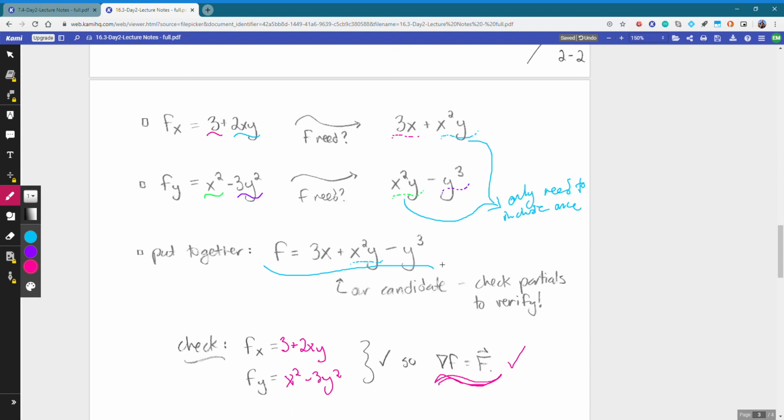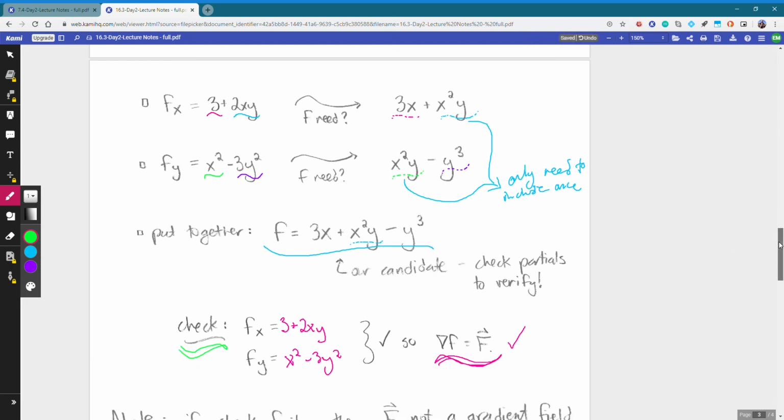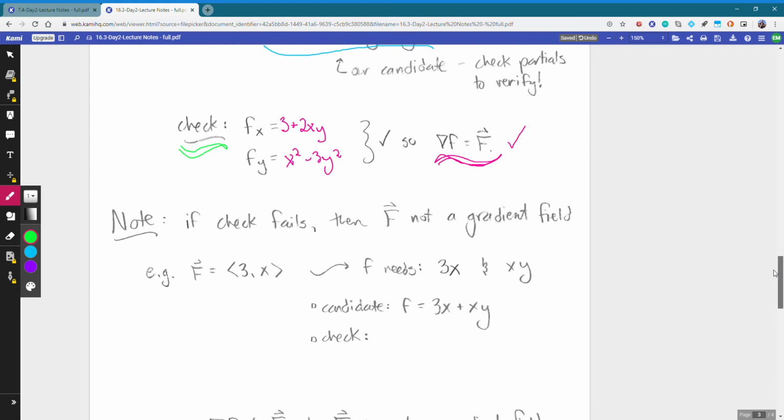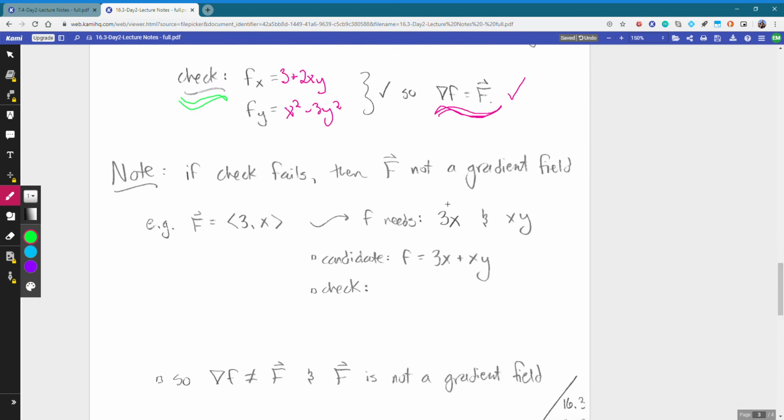Now it's possible for this process to kind of go wrong, and show us that our vector field is not a gradient field. And how that could happen is in the check. So I have a quick example here to show how that looks. So for example, if we had the vector field 3x, right, to go through this direct method, we would say, okay, well, if such an f exists, then this 3, right, that would be our fx, and this x, that would be our fy.